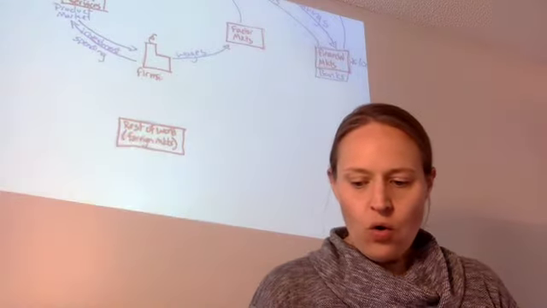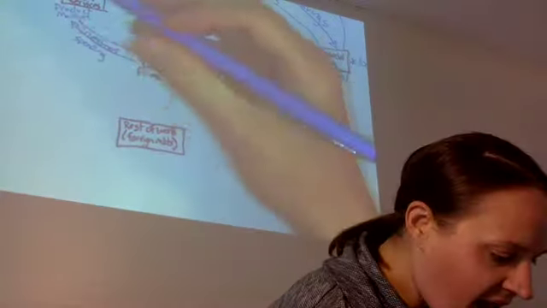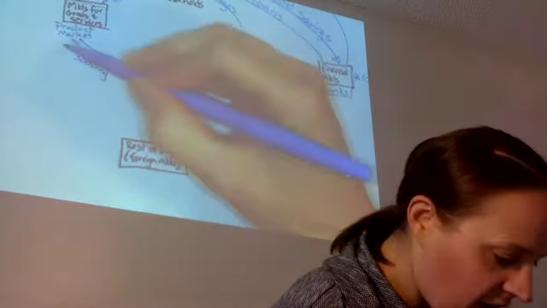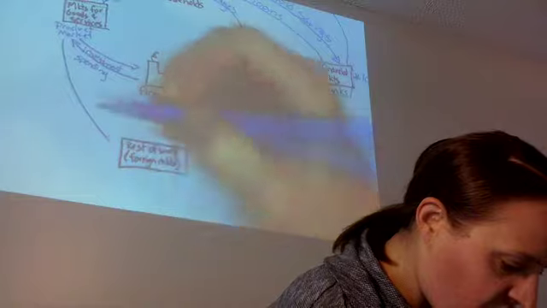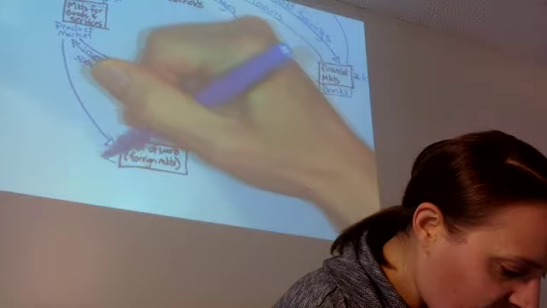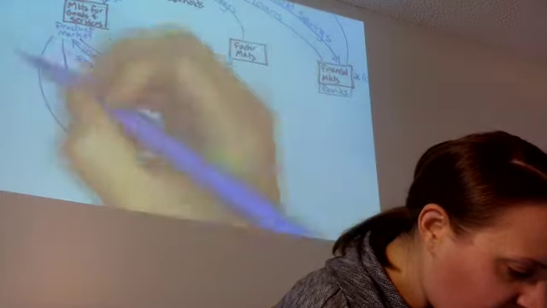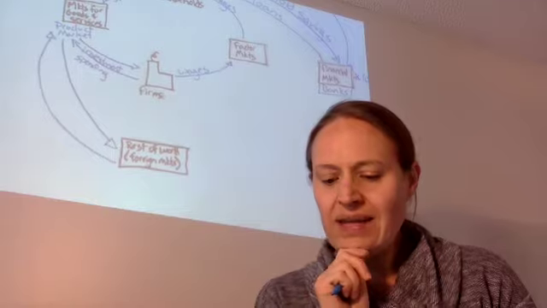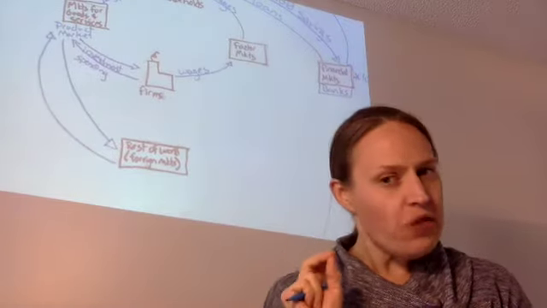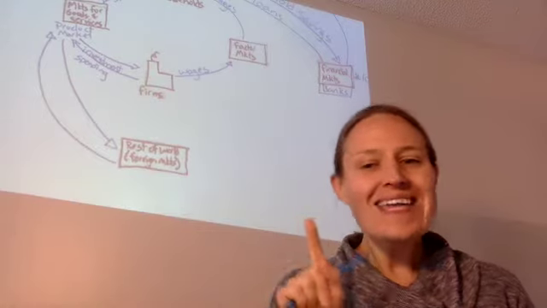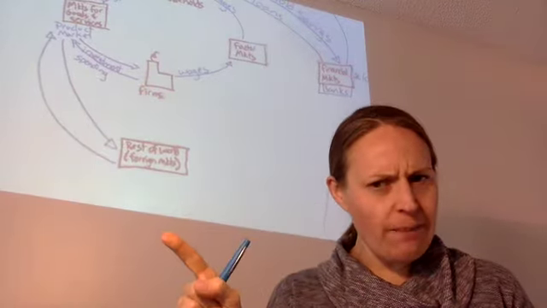So here is showing that there is money that leaves our product market and goes to the rest of the world. And then there is money that leaves the rest of the world and enters our product market. One of those arrows is going to be exports, and one of those arrows is going to be imports. But I cannot label them until I think about it.